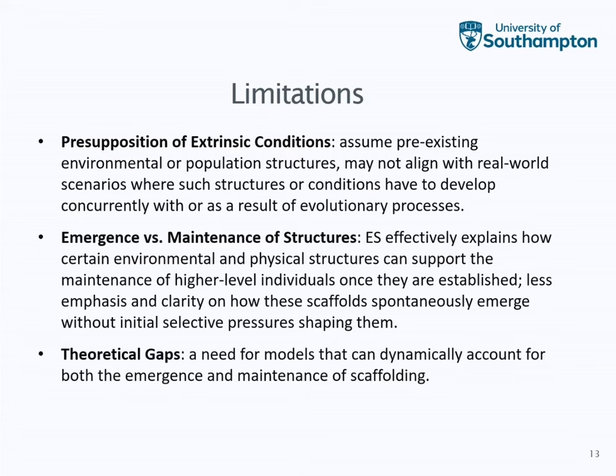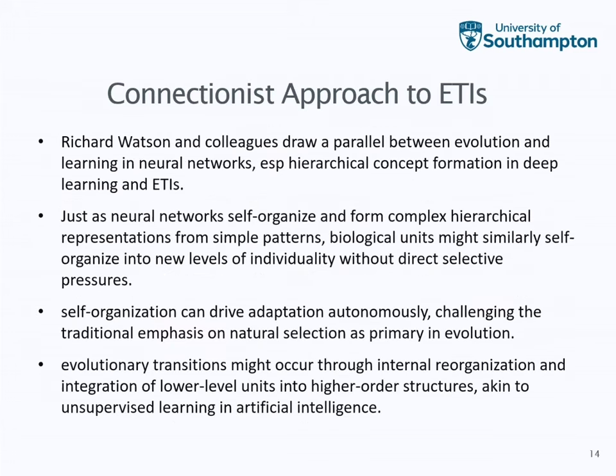Ecological scaffolding more effectively explains how certain environmental structures can support the maintenance of higher-level individuals once they are established, and there is less clarity on how these structures emerge. And it has both a theoretical gap and an experimental gap in this viewpoint.